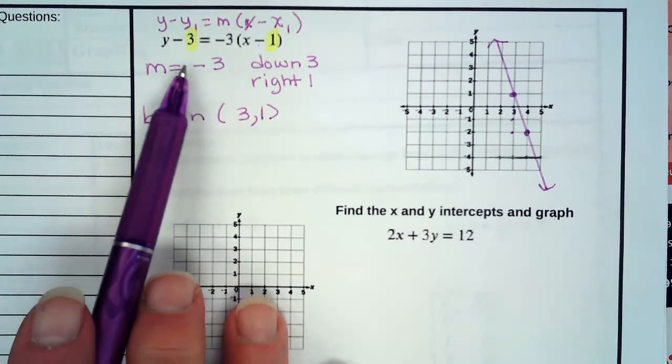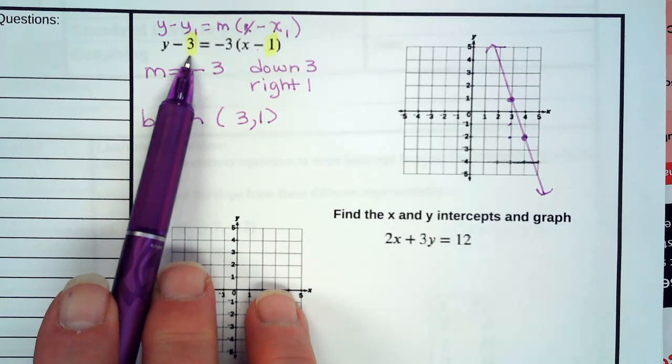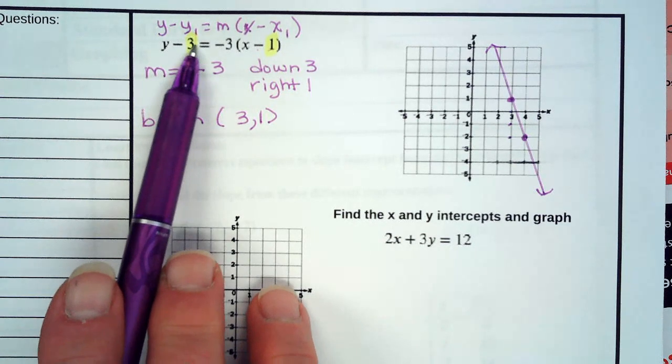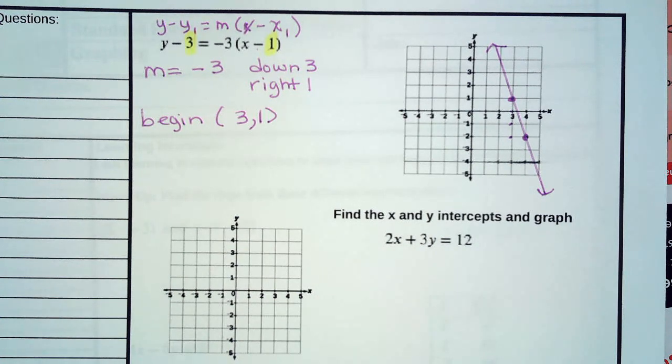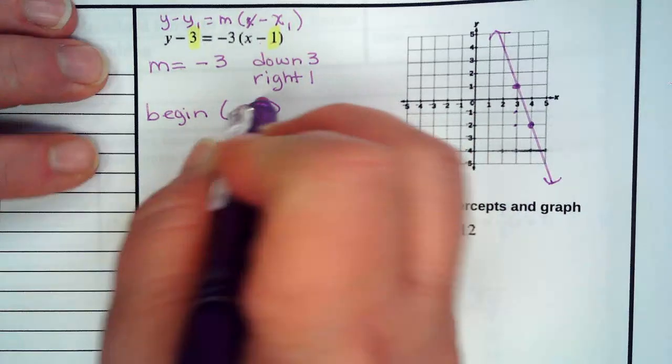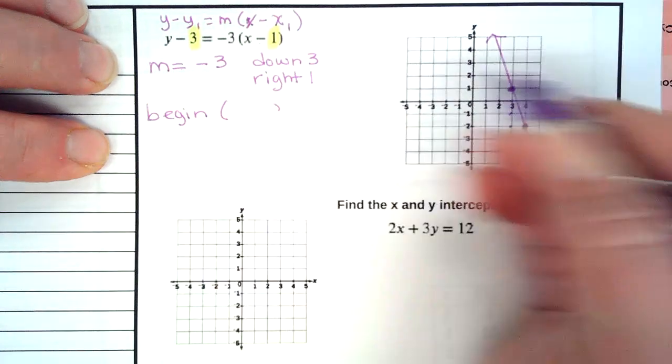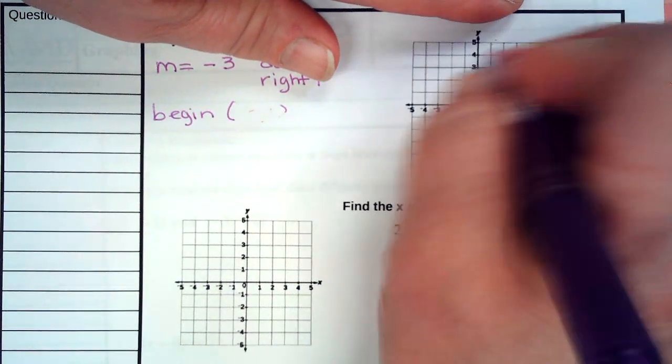This one is a little bit more difficult because you have to remember that your point will be the opposite of. And did I get it right? No. I inverted my x and my y.